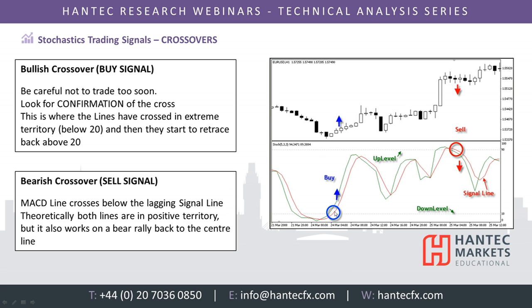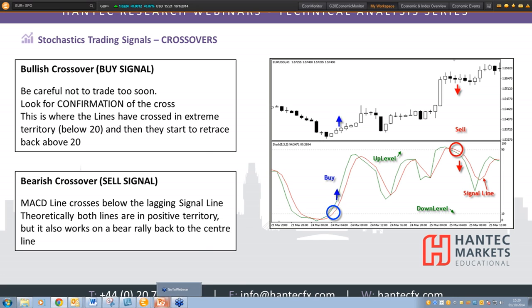Most people have the signal lines at 20 and 80. So that is when your red line, your signal line, crosses above your trigger level, which in this instance should be 20. Similarly, in a sell signal, you have your crossover, which happens here, but then your confirmation doesn't actually come for a few more periods until you get the crossover of the signal line back below 80. And I will show you that now.